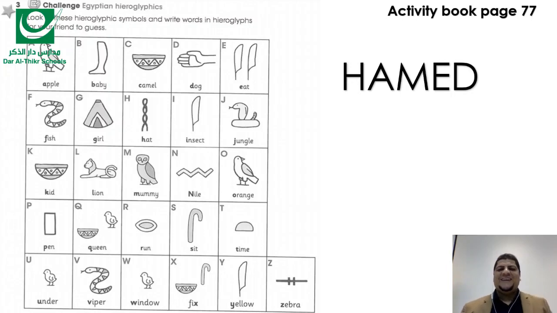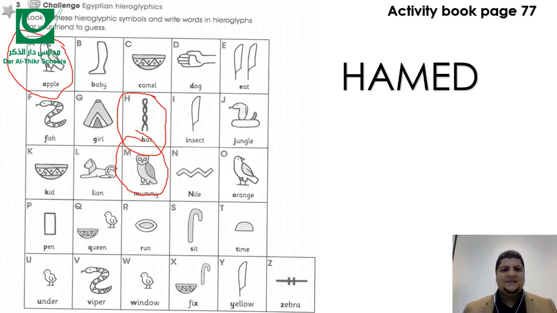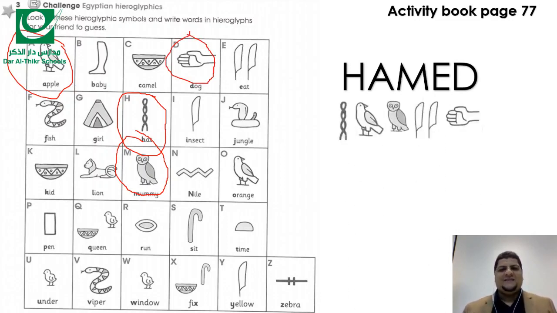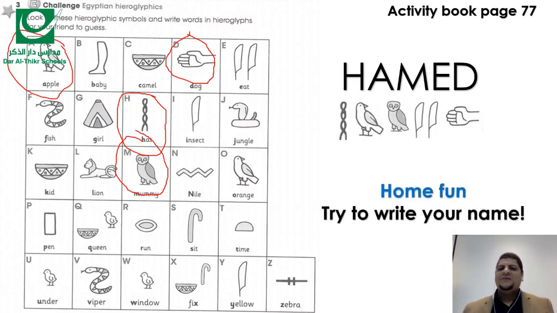For example, here it's my name, Hamid, so the H here is going to be this symbol, and the A is going to be this symbol, and the M, of course, is here, and the D here. So my name is going to be like this. All I want you to do now for home fun is to try to write your name, the names of your family, whatever. Just try to practice this for fun.